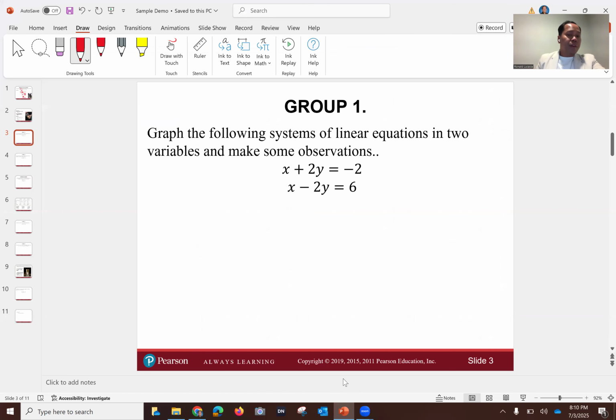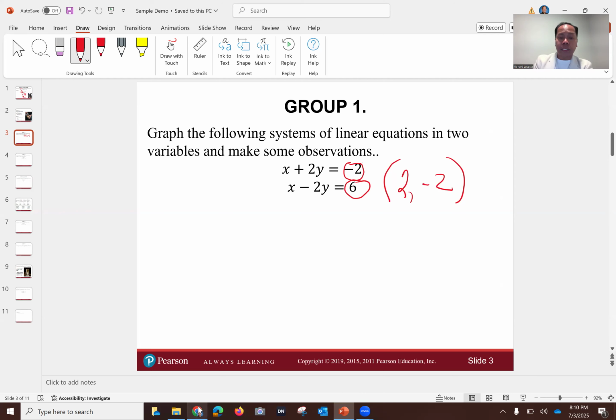Okay, so the intersection at 2, negative 2 is actually the solution to the given system. Meaning, if we substitute the value of x in either the first or the second equation as 2 and the value of y as negative 2, it should satisfy the right side as negative 2 or 6, both. We call them the solution.